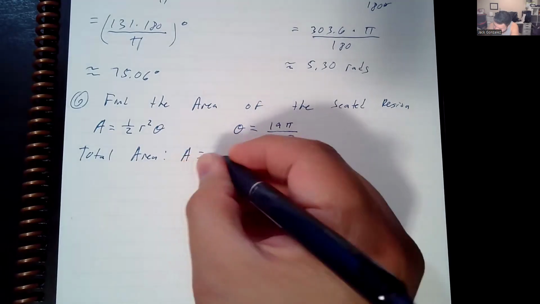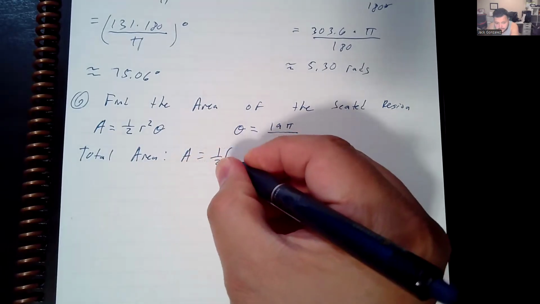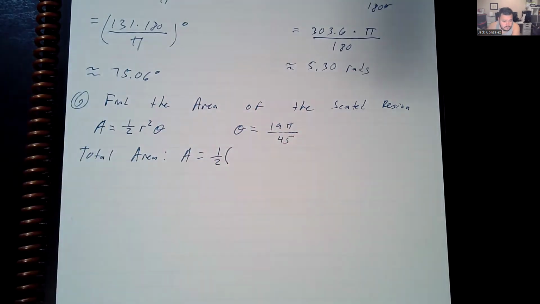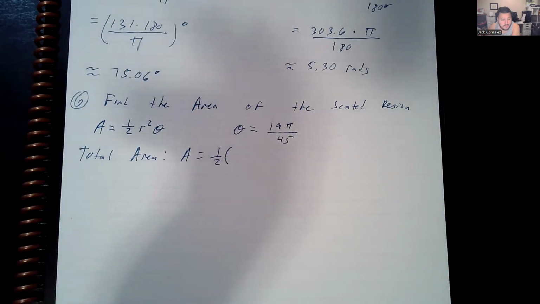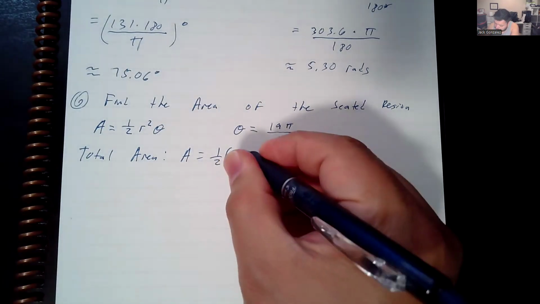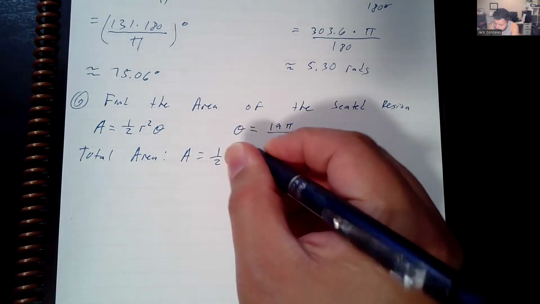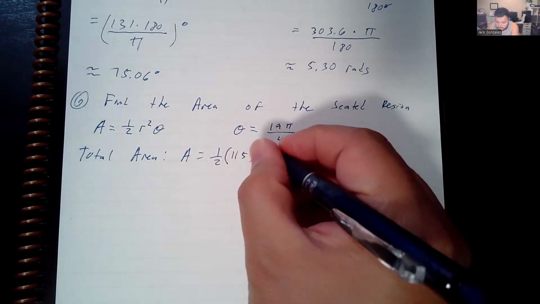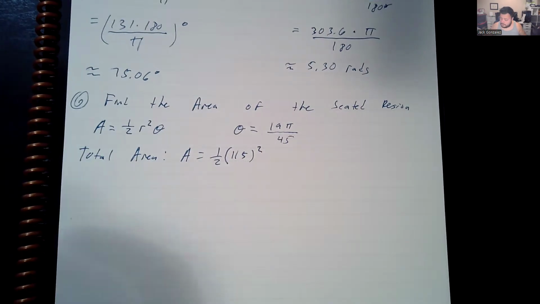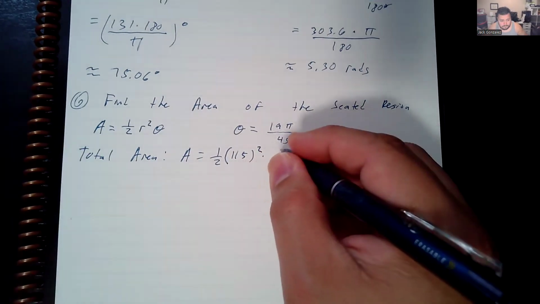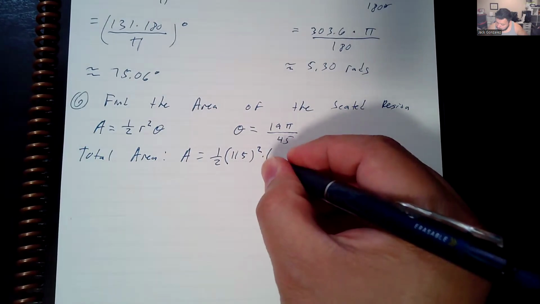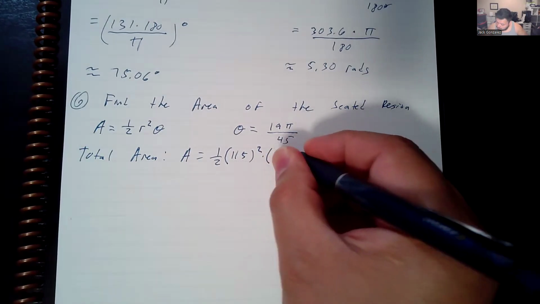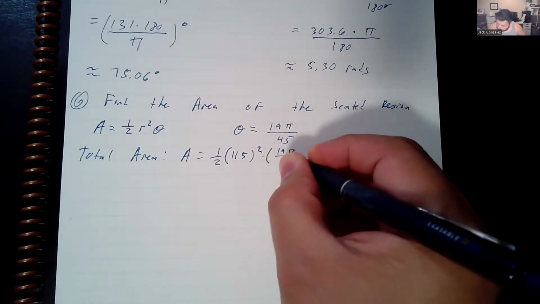So A will equal 1/2 times, and the picture had a radius of, the large, they call it large, but I'm calling it total. Who cares? 115 squared times 19 pi over 45.